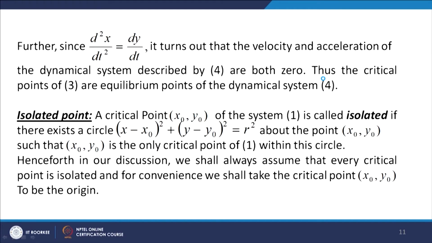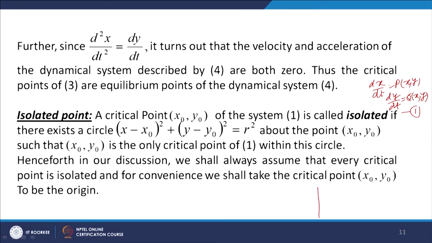Now, let us define an isolated critical point. A critical point (x naught, y naught) of the system 1, that is dx over dt equal to p(x,y), dy by dt equal to q(x,y), this is our system 1, is called isolated if we can find a circle with center at the point (x naught, y naught) of some positive radius r such that (x naught, y naught) is the only critical point within this circle.